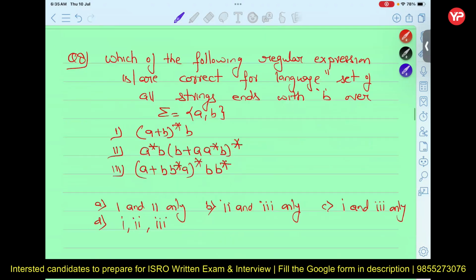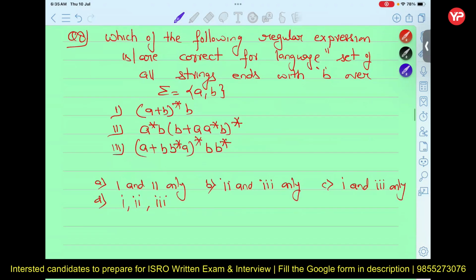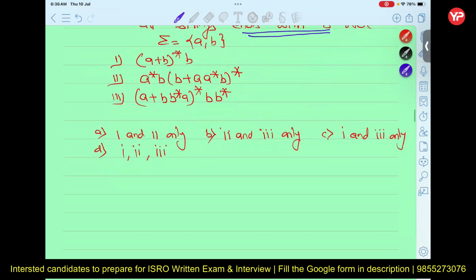Next, which of the following regular expressions is correct for the language set of all strings ending with B? End with B. See, if I just draw the FA or DFA for end with B, it's a very simple FA. We require end with B. Fine.